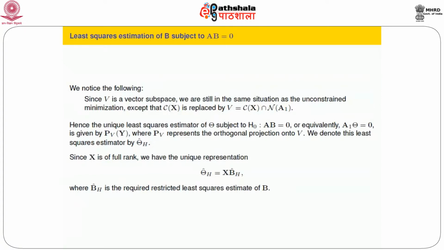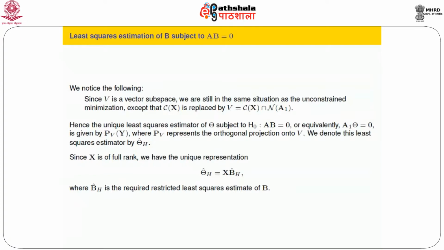Therefore, as we noted a short while ago, theta h hat is x b h hat, which is equal to Pv y. So this is Pxy minus this projection applied to the y matrix, and Pxy is x b hat. That is the earlier unconstrained least squares estimate b hat pre-multiplied by x, minus this object.